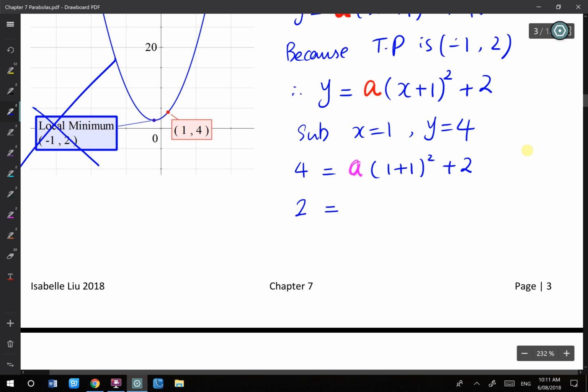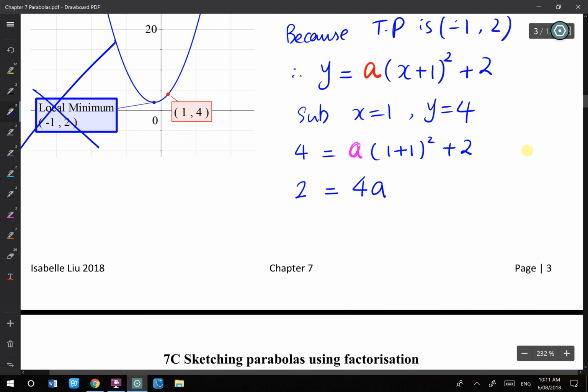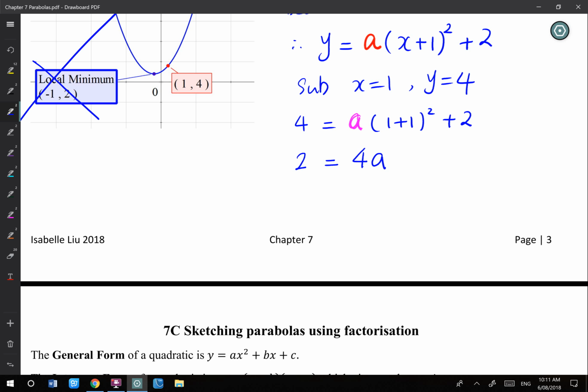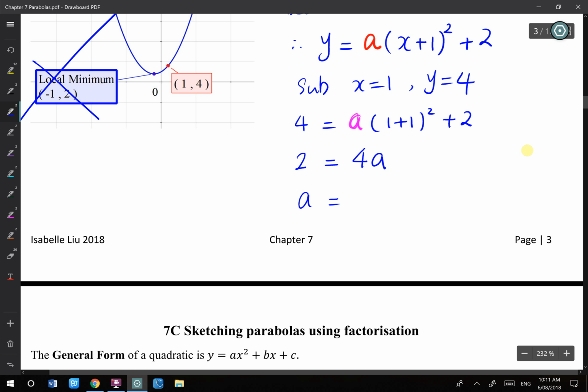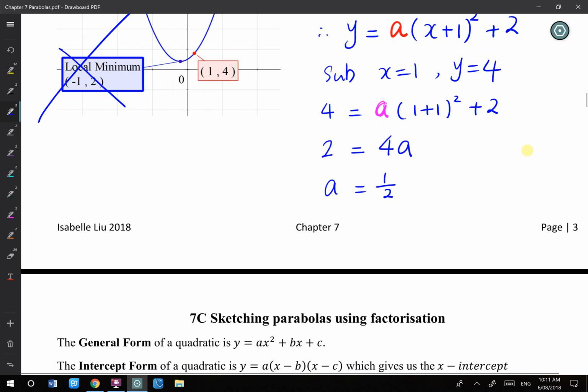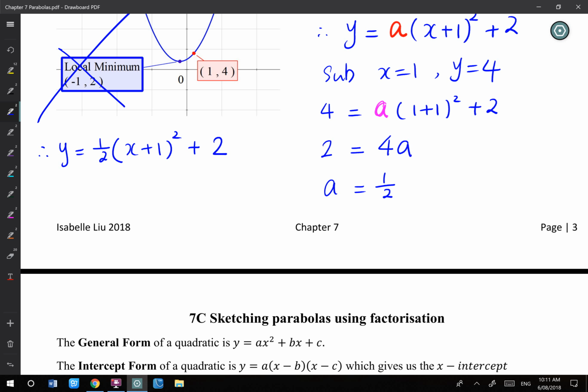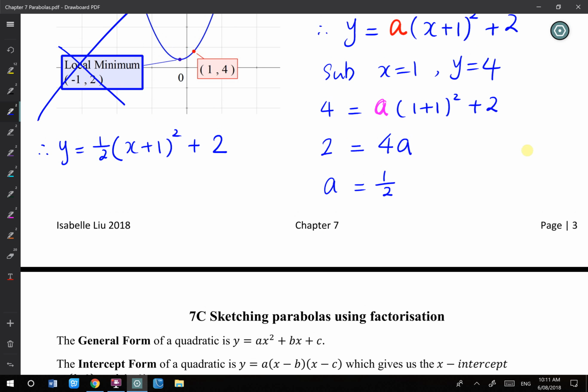We have 2 equals 4a. 1 plus 1 is 2, 2 squared is 4, so 4a equals 2. Therefore, a equals a half.